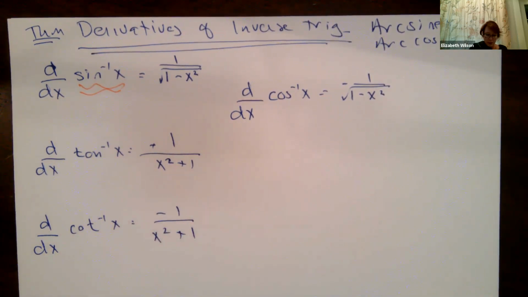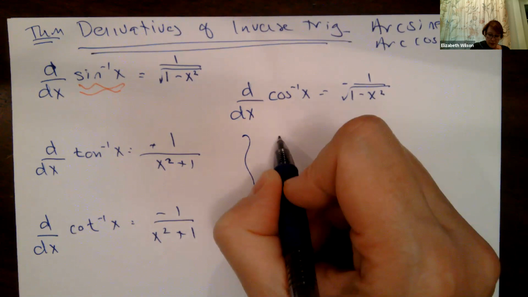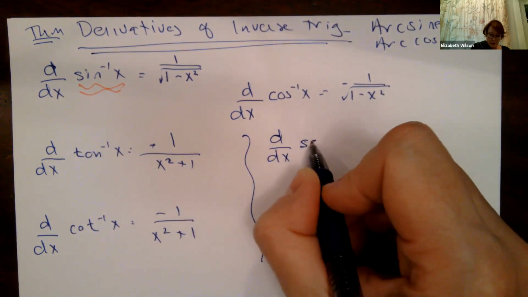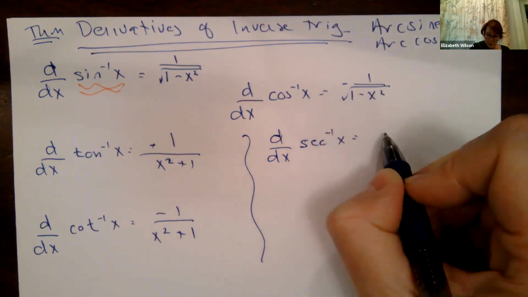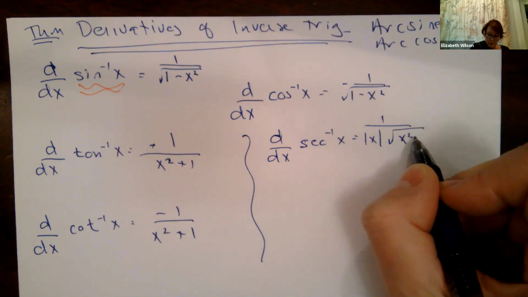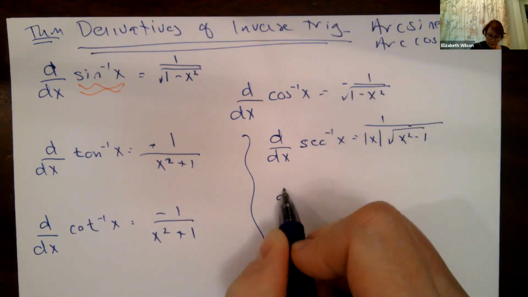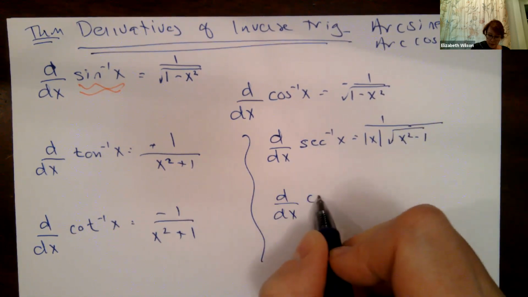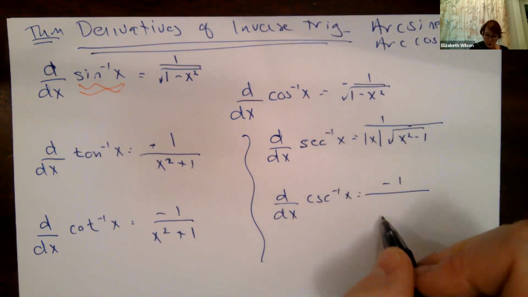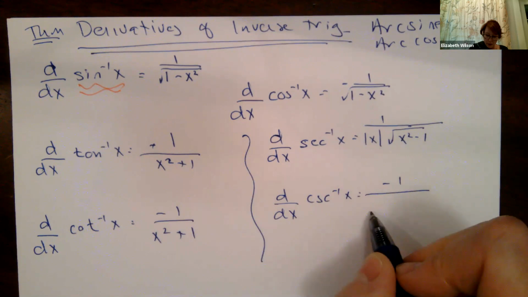And then likewise for our secant and cosecant, inverse secant and inverse cosecant. These things are phase shifted, which is why they're negatives.